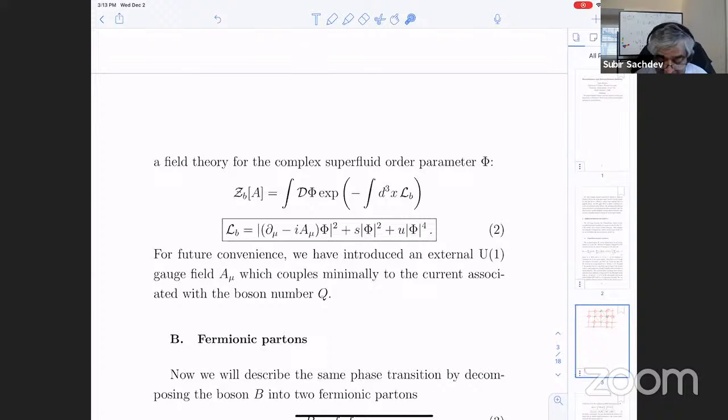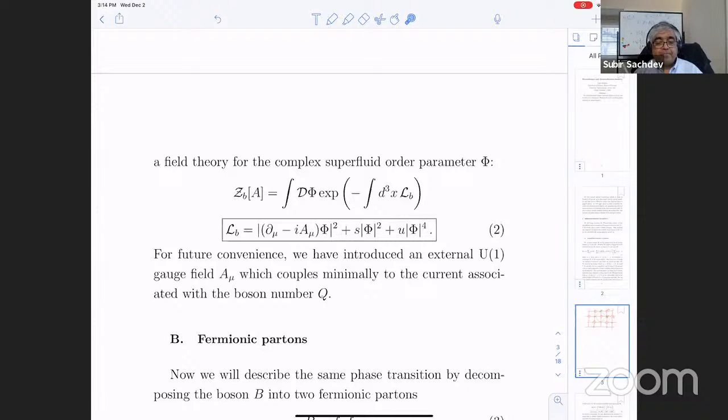Okay, so that's one side of the duality. That's our boson theory. We were interested in the boson theory where you're close to the superfluid-insulator transition, and as you tune s, you go from the insulator to the superfluid, and you're just looking at the universal long wavelength properties of this strongly interacting field theory. This is the field theory that was first understood by Wilson and Fisher, and for which Wilson won the Nobel Prize because this was one of the first applications of the renormalization group.